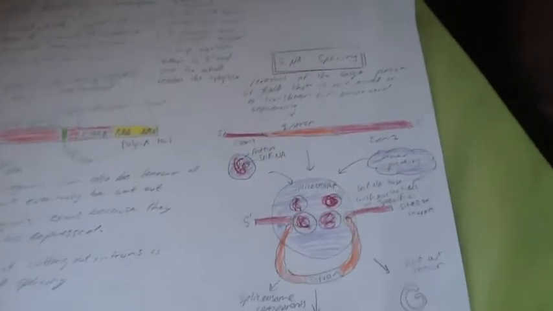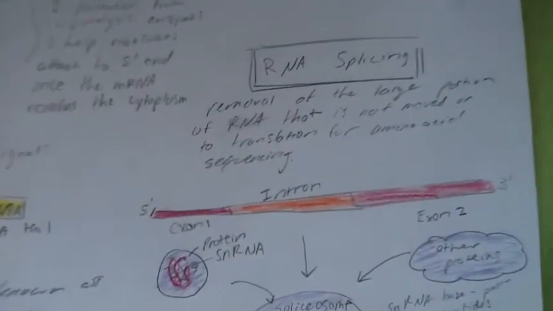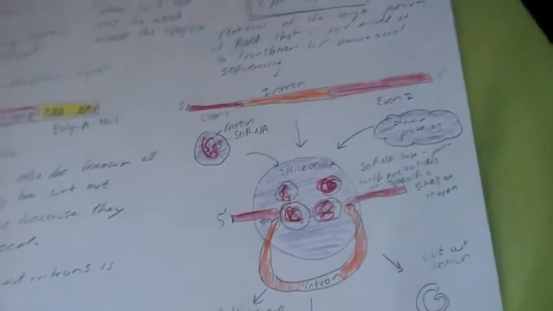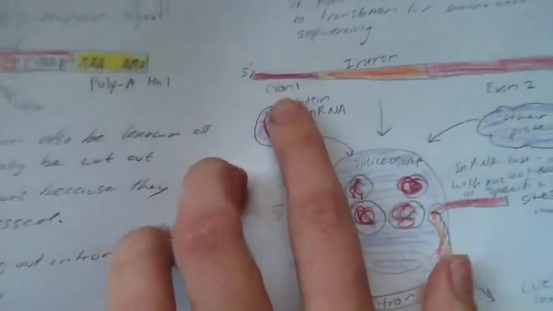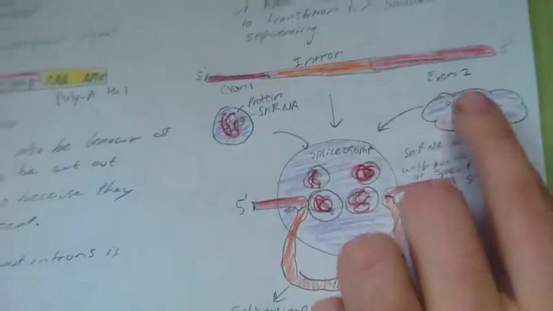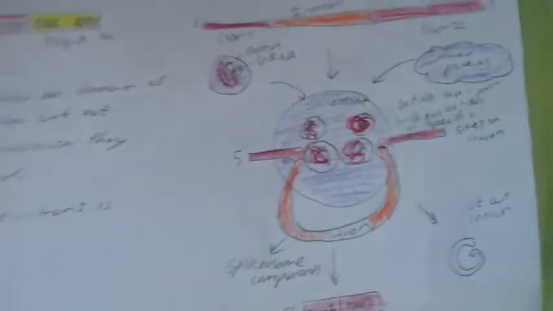And so some of the stuff that doesn't get translated undergoes this thing called RNA splicing, which is the removal of a ton of mRNA that doesn't code for amino acids. So the parts that do get translated are exons, like on this end and right there, and then the intron isn't shown externally.